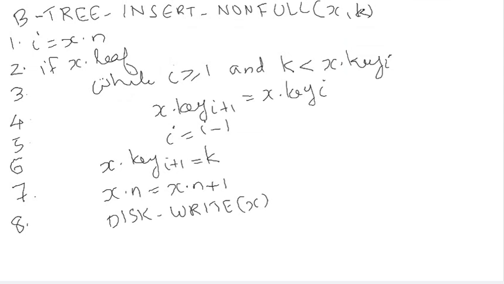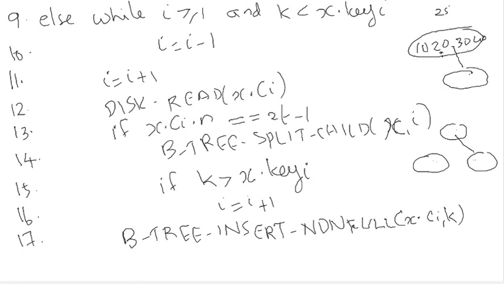We are checking whether it is a leaf node. If it is a leaf node, we will insert, else we will check the exact position for that, that is i greater than or equal to 1 and k less than x.key[i], and we are decrementing the value of i. So we will find out a position for this key, and we will increment this i plus 1 that we saw here.